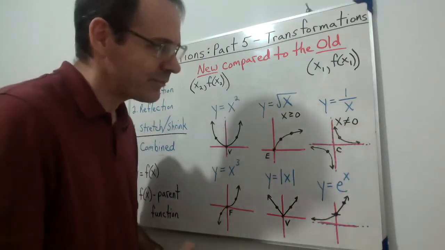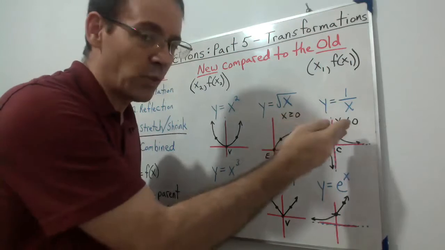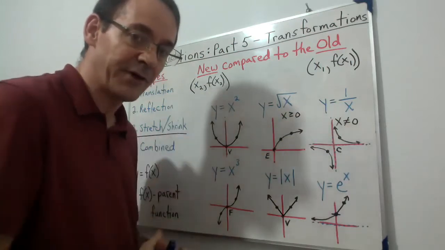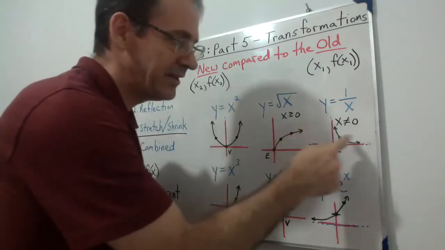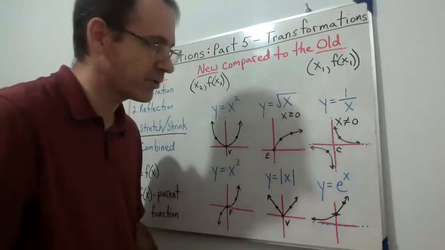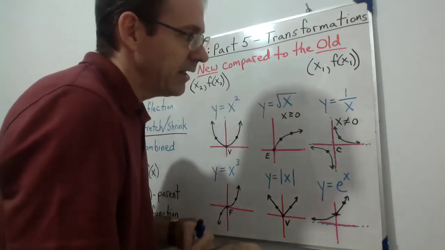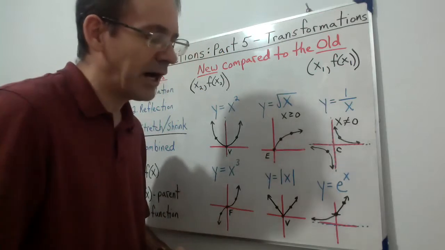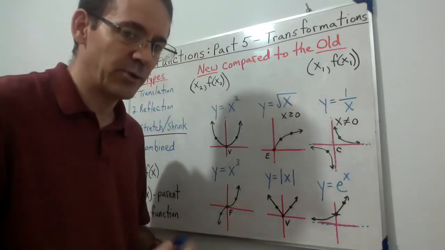And again, there was one of our sketches from the functions video where we did use part of a reciprocal function. So this one I find is often not understood very well by students.